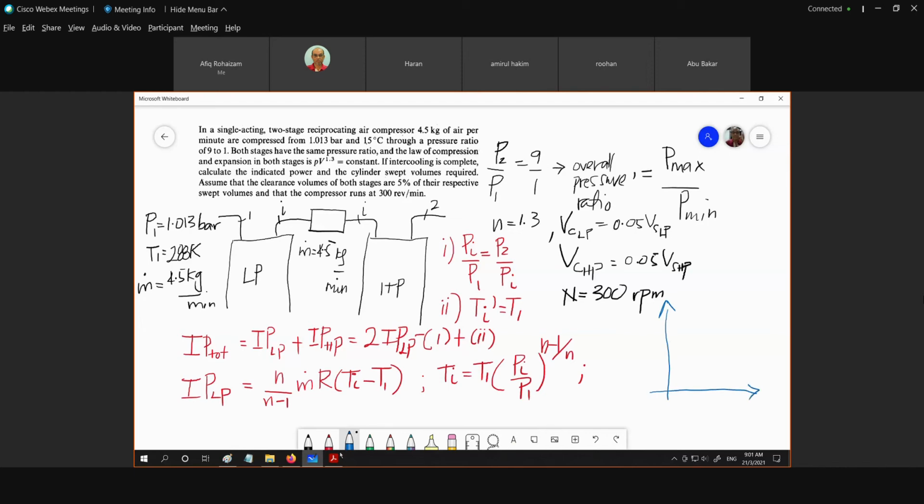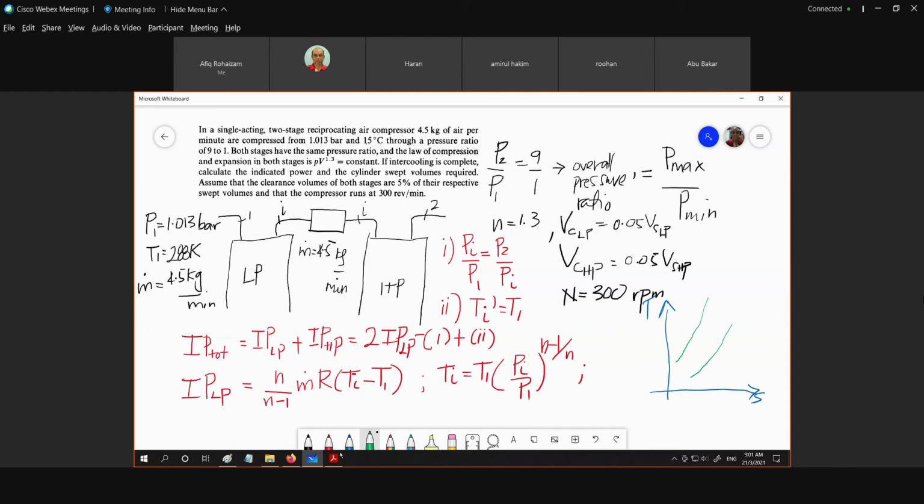Ini TS diagram. Kita punya overall pressure ratio. Kita punya intermediate pressure. Okay? So this is our P1, this is our P2, this is our Pi.